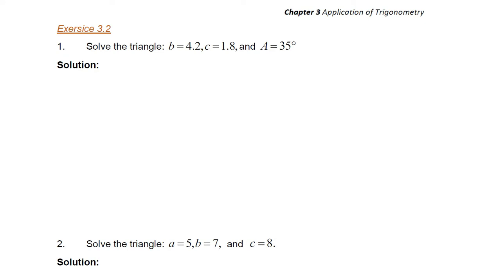So this is case 3, so we use law of cosine. We have B, C, and angle A, and we want to find side A. So A squared is B squared plus C squared minus 2BC cos A. Substitute in the formula.